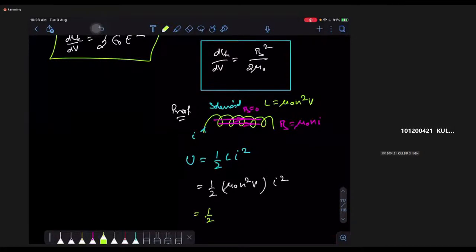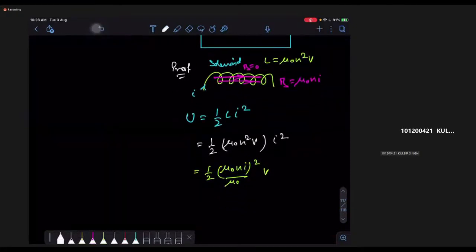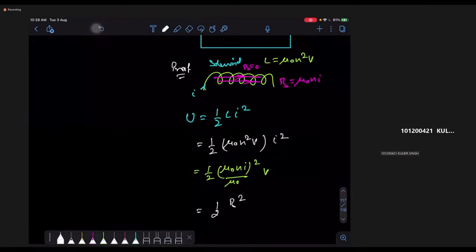It is going to be half, mu naught n I, squared, by mu naught squared, into V. If you multiply by mu naught and divide by mu naught, the numerator term I can write in terms of B. So I can say that energy is half B squared by mu naught into volume.